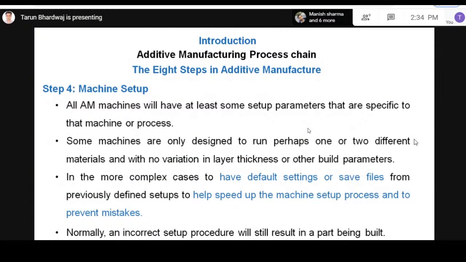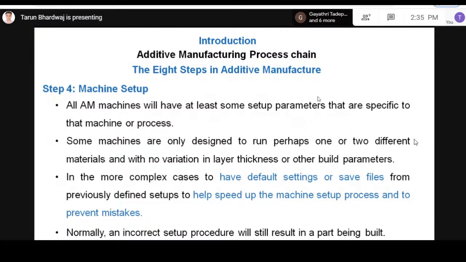Next we talk about the machine setup. There are different machines available, for polymers, for metals, and for composites also. After we transfer these files to the machine, it is the work of the machine to identify the defects in the G codes and M codes.